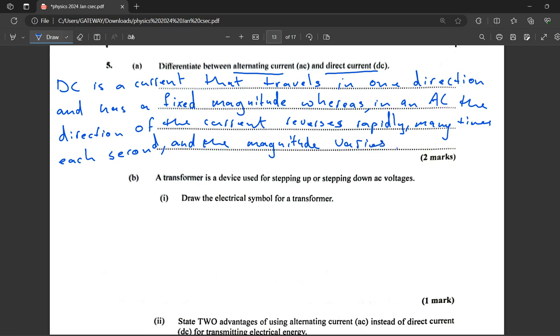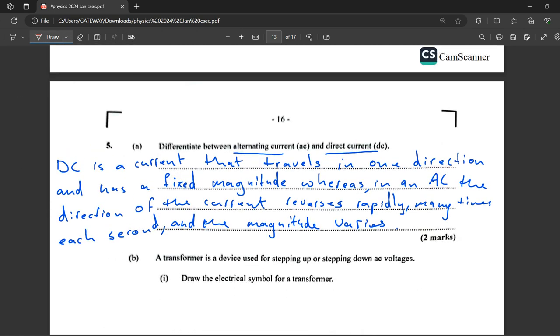To summarize this, I will just put it up here. So DC, the voltage is constant, right?